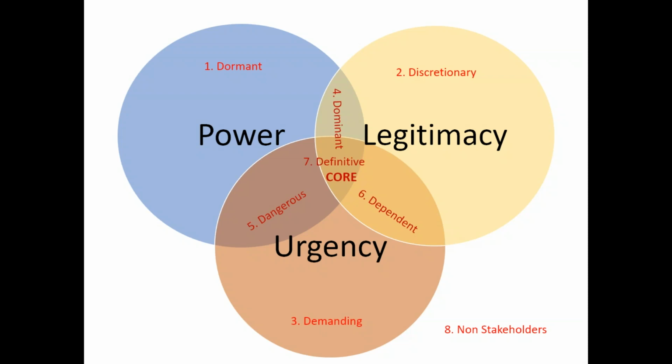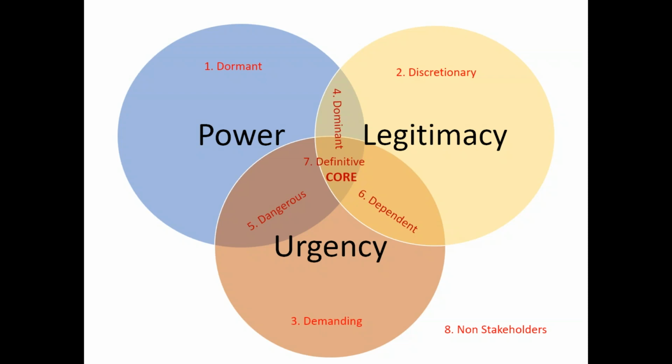Now, what about high legitimacy and high power, no urgency? All those stakeholders who are high in power and high in legitimacy have got official power. So they are the dominant stakeholders. You have to deal with them accordingly. Okay, legitimacy and urgency.